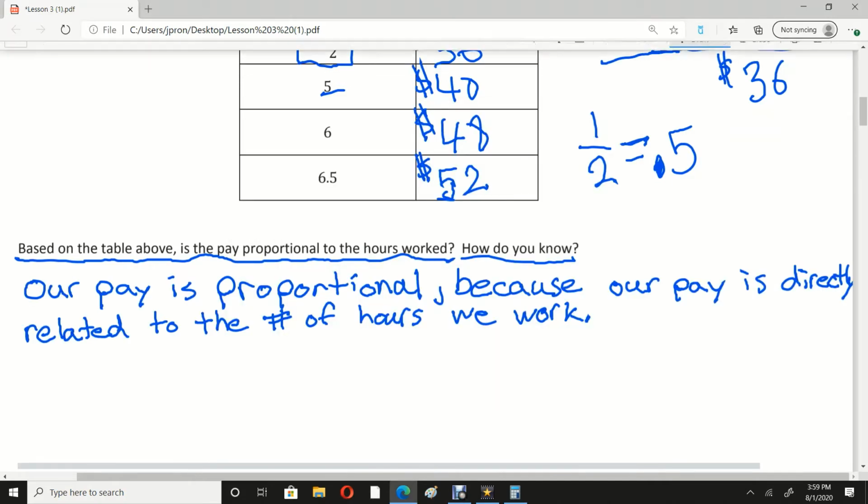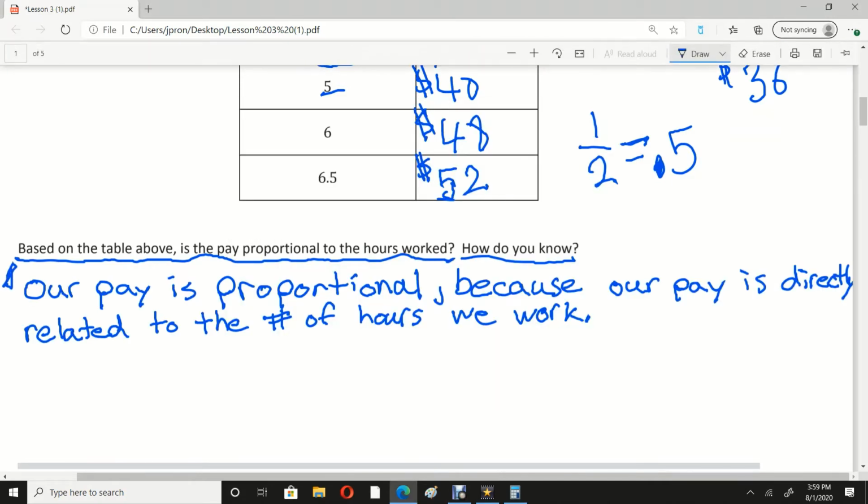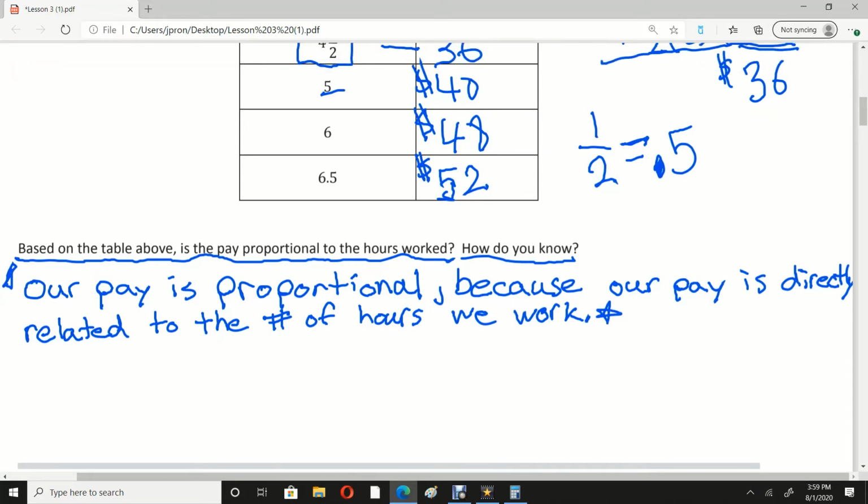So a full points response to this problem is an example right here. I said our pay is proportional. So again, I restated the question. Is pay proportional? Our pay is proportional.